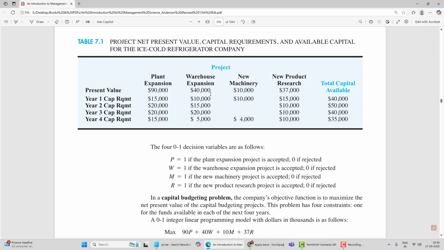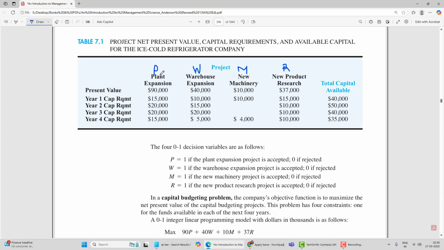Basically we want to find out the best combination of projects which will maximize the returns, or which will have the maximum present value. So let us take 4 0-1 decision variables. P for plant expansion, then W for warehouse expansion, then for machinery they are using M, and for new product research they are using R, right?